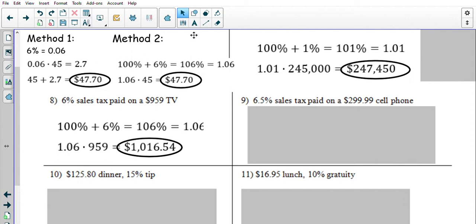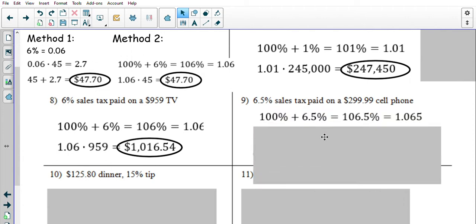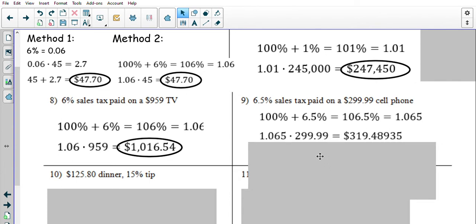Number 9, 6.5% sales tax paid on a $299.99 cell phone. So we're going to take 100% plus 6.5% is 106.5%, or 1.065. Be careful, that half of a percent does make a difference. So we take 1.065 times $299.99, and we get $319.48935.